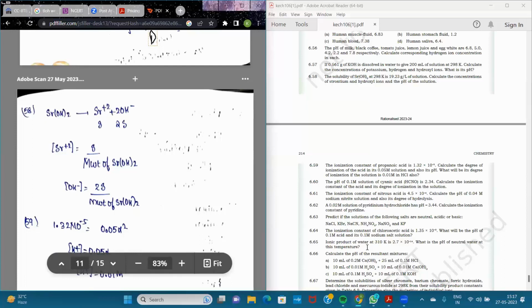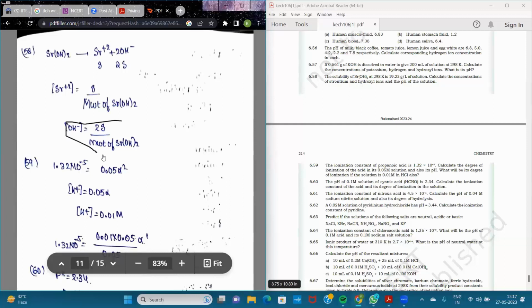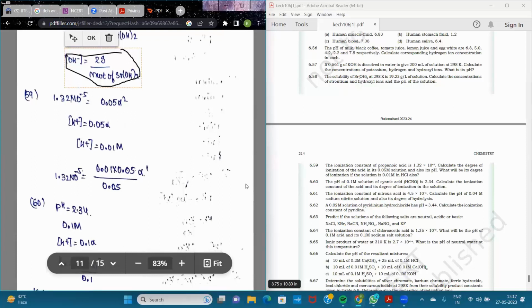From that we can calculate the concentration of OH minus. The concentration of OH minus is twice the concentration of Sr(OH)2. So we can calculate the individual concentrations, as well as the pH of solution, which is obtained from doing minus log of concentration of OH minus. We'll go on with the next question, 59th question.